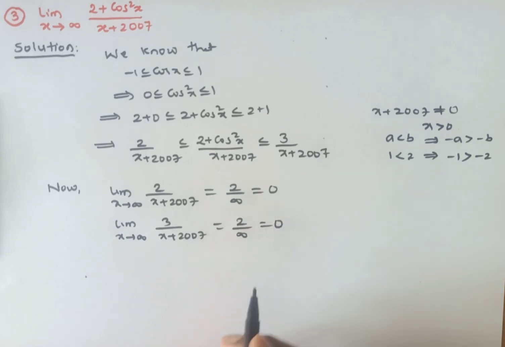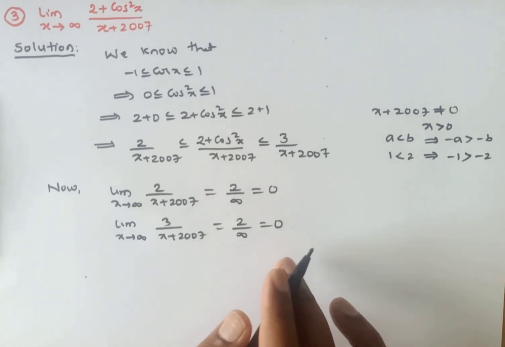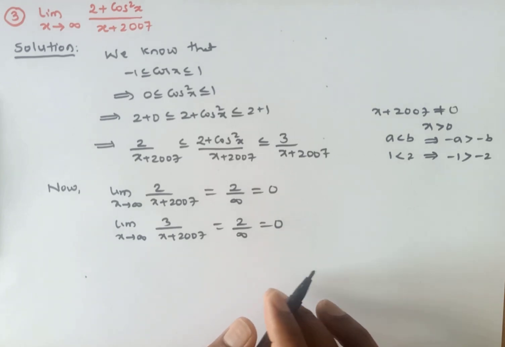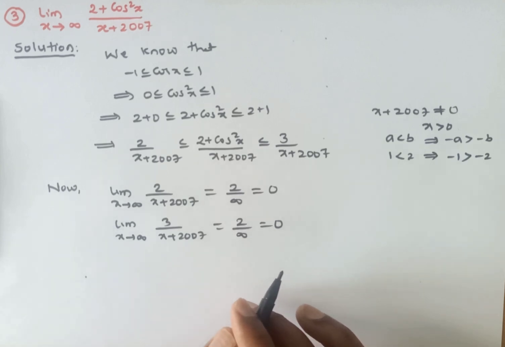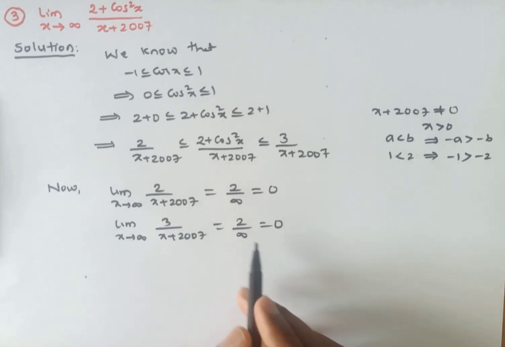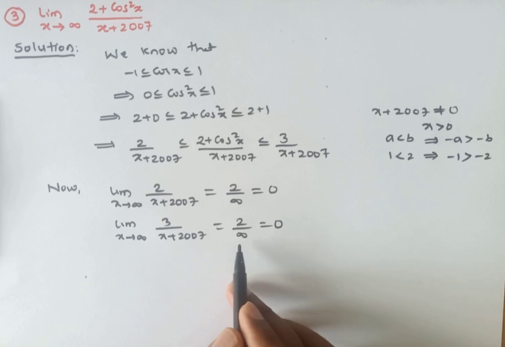Something divided by a bigger value always leads to 0, while something divided by a value near 0 leads to infinity. Dividing by a bigger value approaches 0; dividing by a small value can approach infinity.